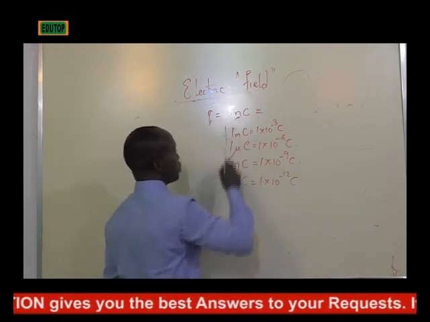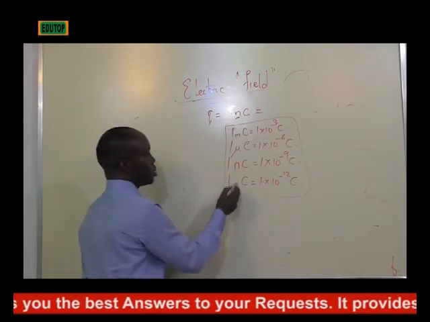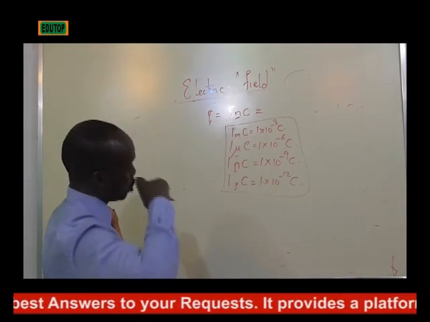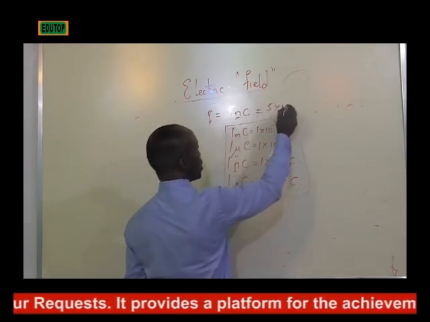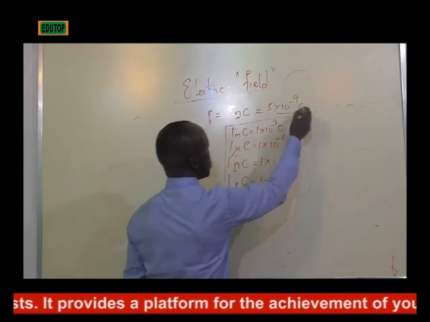All these notations you must know. So from here our Q is 5 times 10 to the power minus 9 coulomb.